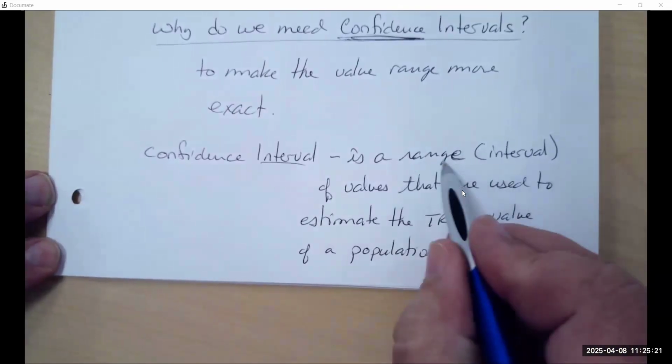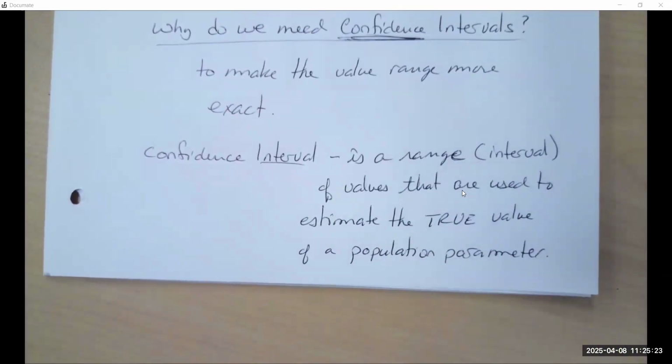It's an interval of numbers that we're saying we are this confident that the population values are within this range, this interval.